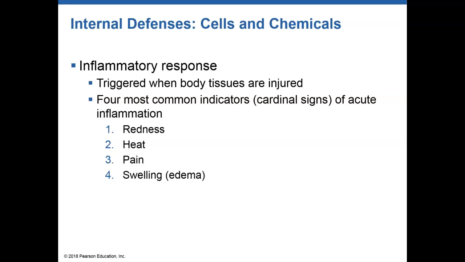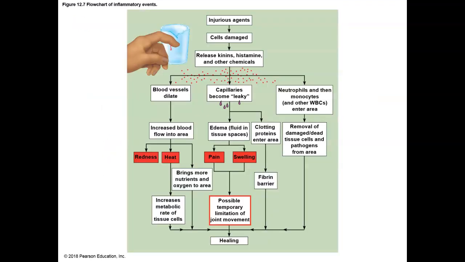There are 4 cardinal signs of inflammation: redness, heat, pain, and swelling. And a 5th one that is sometimes talked about is immobility. Here we have a figure from your textbook. Something caused injury to your cells.